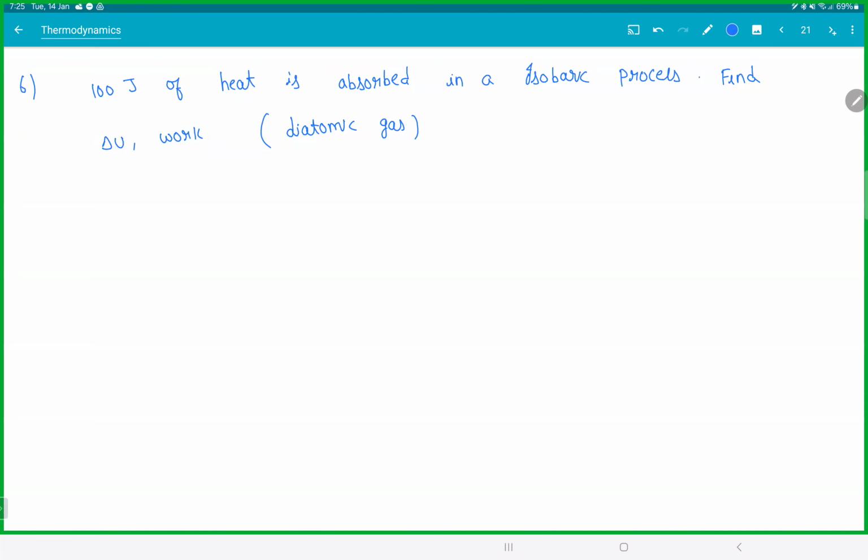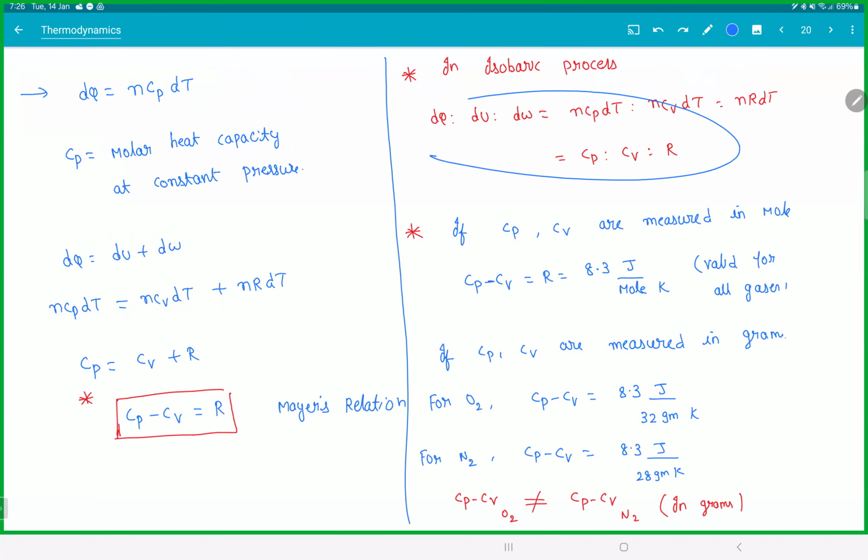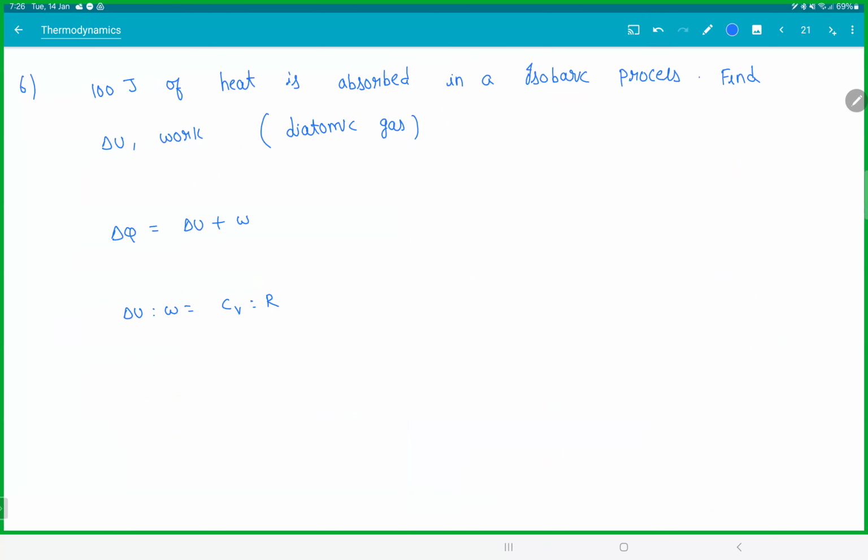How to do this? We know delta Q is delta U plus W, so whatever heat you give must go into internal energy and work. And we just saw delta U is to W is Cv is to R. So what is Cv? Cv is fR by 2.